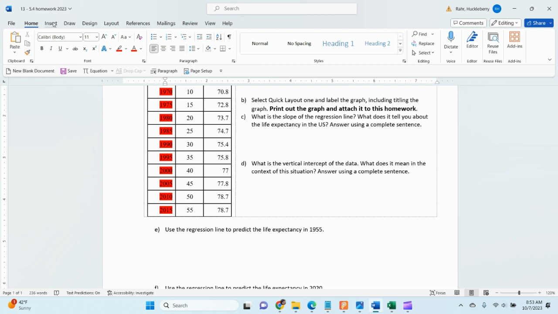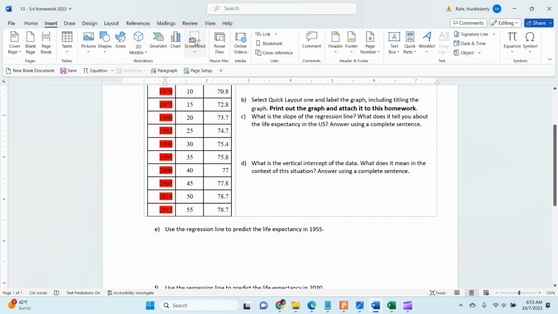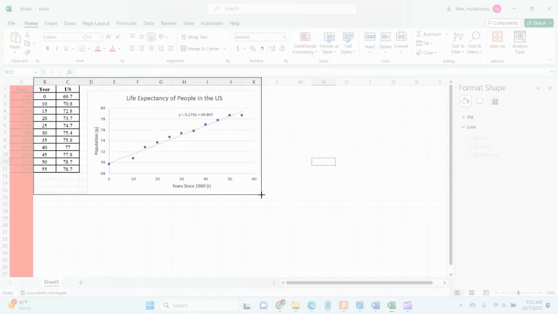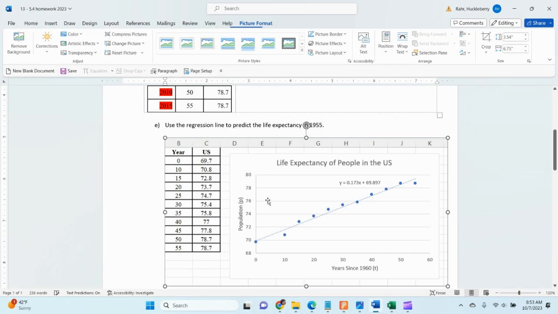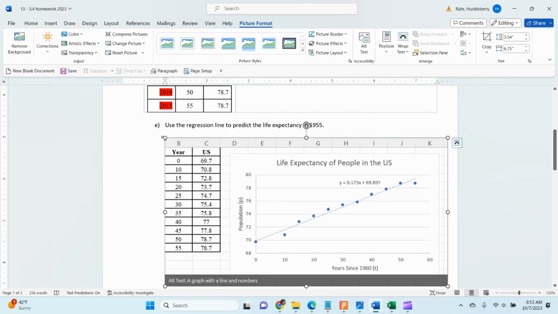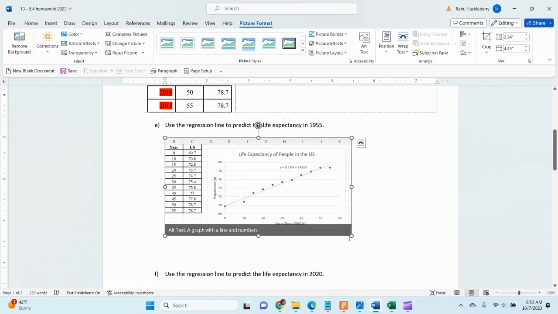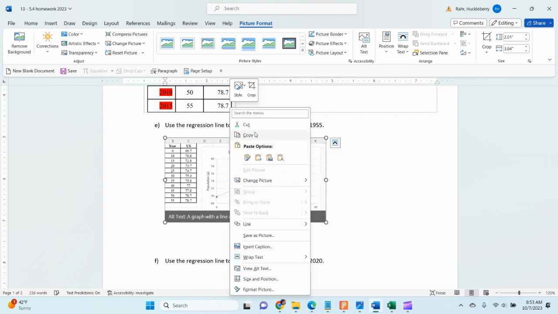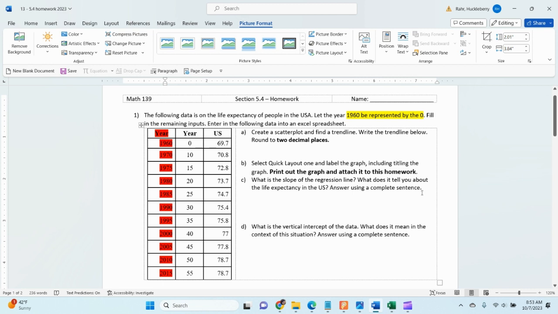All right, we're going to do that again, not within a table. Screenshot, screen clipping. This is the screen clipping I want. Okay, here we go. Copy this. I don't know where my mouse was before.